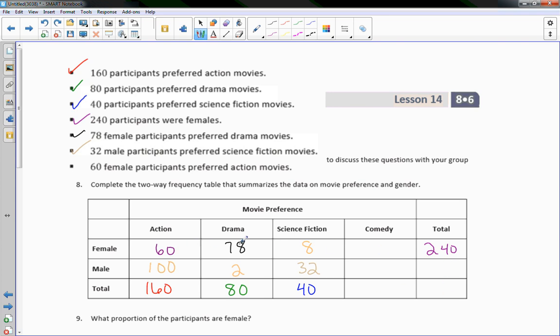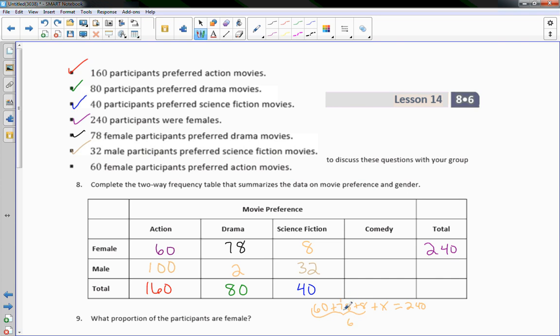But if I look at this row, I have 1 space. So 60 plus 78 plus 8 plus this unknown equals 240. If I do this as an algebraic equation, 60 plus 78 plus 8 plus some value for comedy equals 240. Combine your like terms. 8 plus 8 is 16.